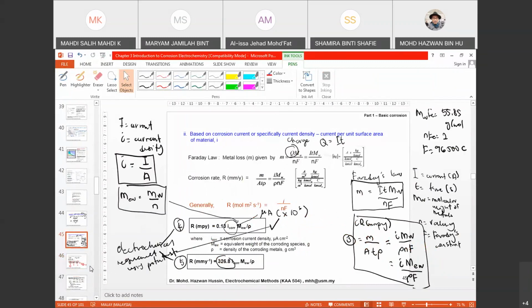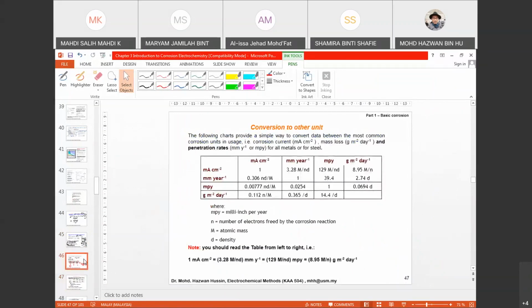Okay. All right. All the while we are talking about mils per year, the unit for corrosion rate, there's also a conversion unit that you need to remember. Okay, so we have different units for corrosion rate. We have milliamperes over centimeter square. We have mils per year, gram meter square over day.